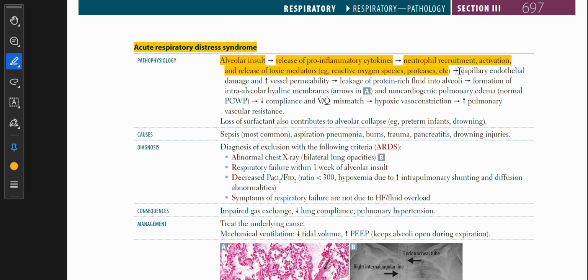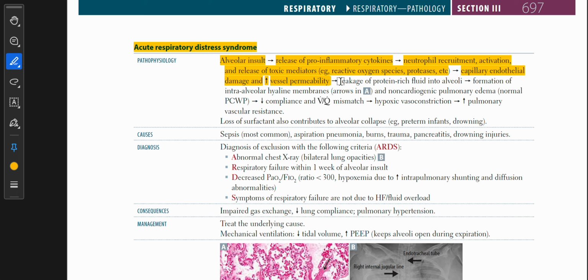That leads to capillary endothelial damage and increased vessel permeability, and since permeability is increased, there is leakage of fluid, also called exudation.